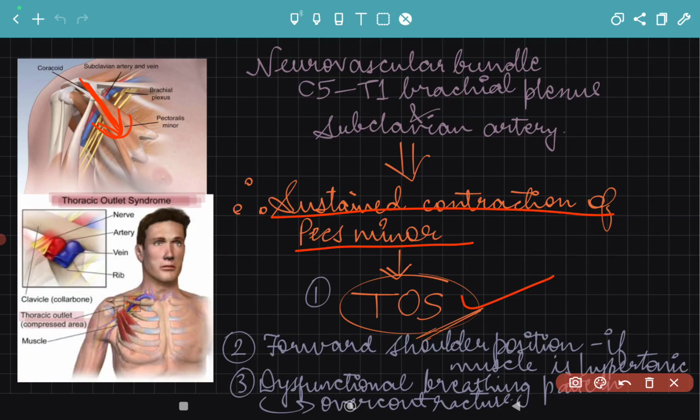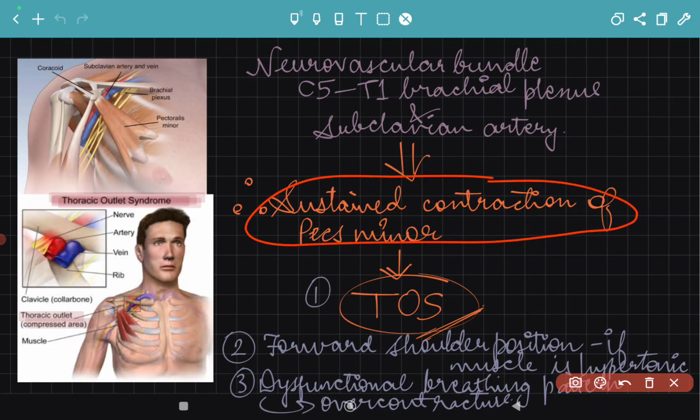Other than that, there may also be a dysfunctional breathing pattern because of overcontraction of this pectoralis minor muscle, as it also helps in forced inspiration. So pathology in that can cause thoracic outlet syndrome, then forward shoulder position, and the third thing is a dysfunctional breathing pattern, which may occur if there is sustained contraction of pectoralis minor.